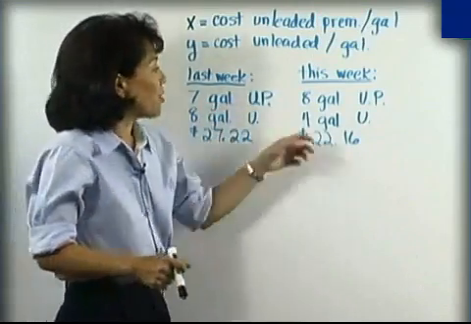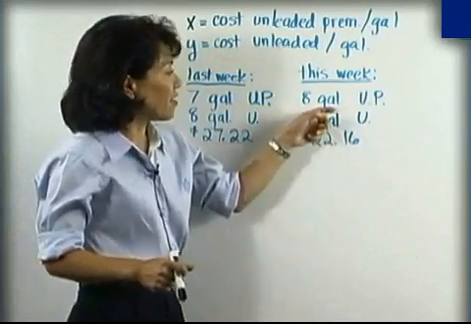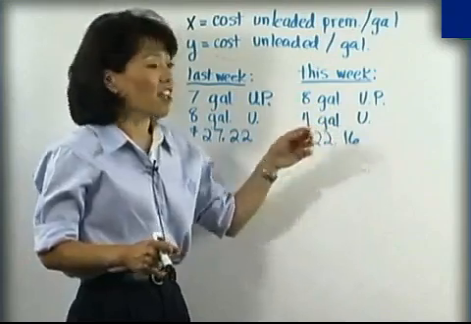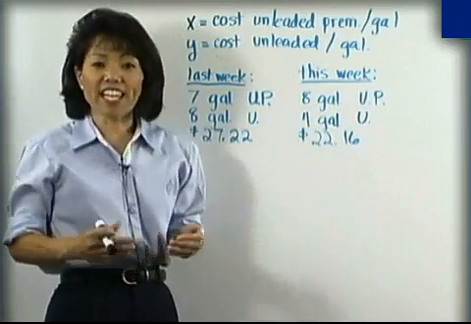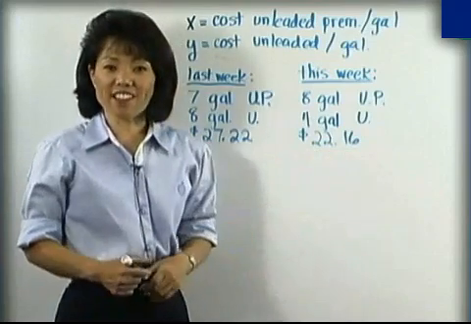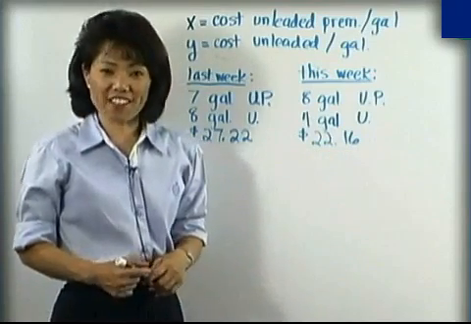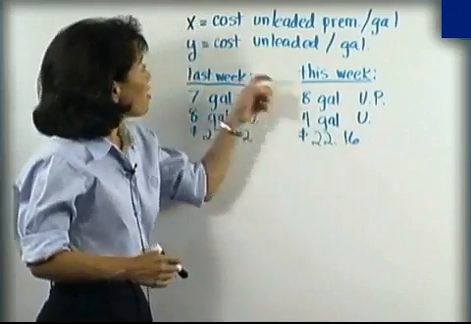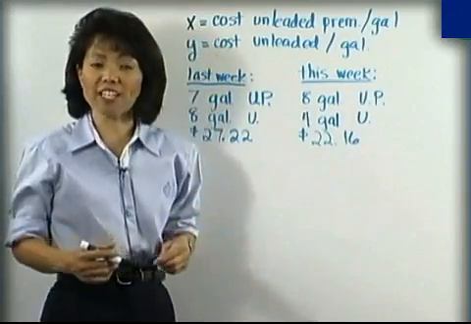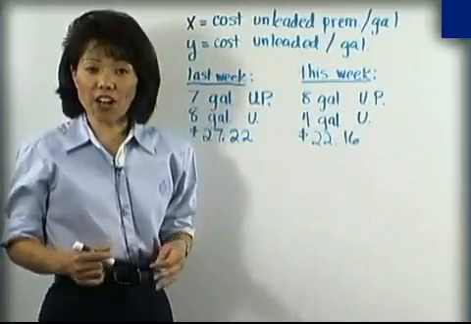This week he knows that he purchased 8 gallons of unleaded premium and 4 gallons of unleaded regular. He knows that this week he paid $22.16 for gas.